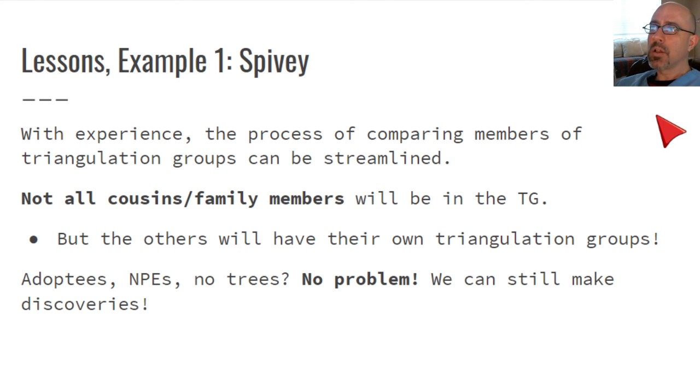Another lesson: not all cousins, not all family members, will be in any given triangulation group. So there are members of my immediate family who are not in this triangulation group on chromosome 1 with the Spivey relatives. But other members of my immediate family, other close cousins, will show up in other triangulation groups in other locations. So there's another triangulation group for the Spivey line on chromosome 17 that includes some of the immediate family members that were excluded from the triangulation group on chromosome 1.